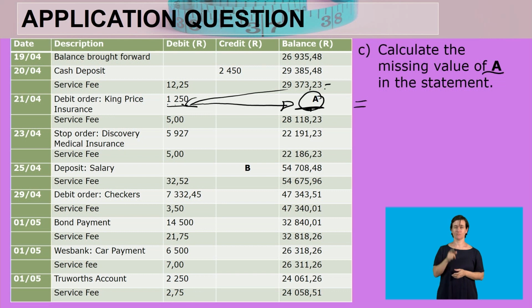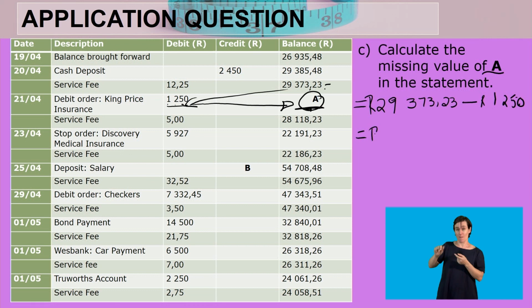Remember, a debit is a total amount that is taken out of the account. So we have our previous balance of 29,373 rand 23, minus our debit of 1,250. Having that amount taken out of the bank balance, let's work out how much the balance will be.